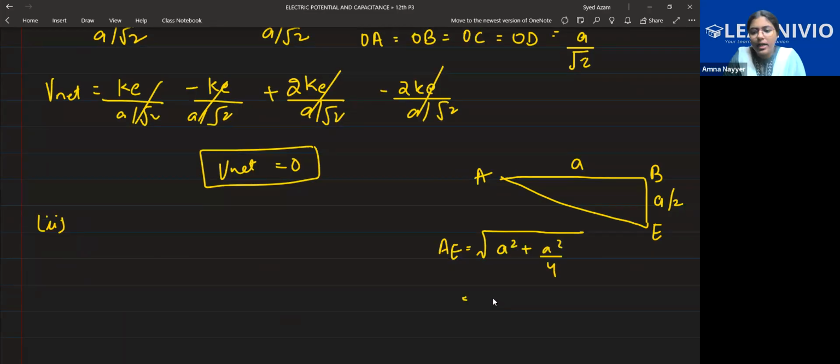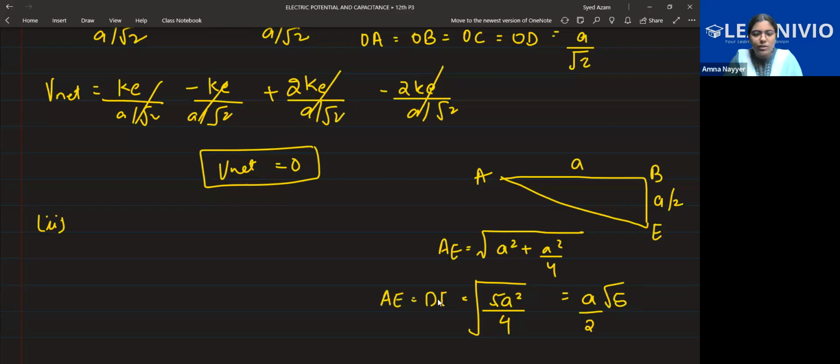So it will become 5A square by 4 under root. So it will be A by 2 root 5. This is what AE equals DE. So this is the separation, A root 5 by 2. Okay. This is what we are getting.